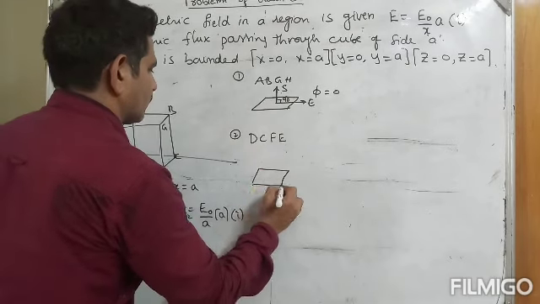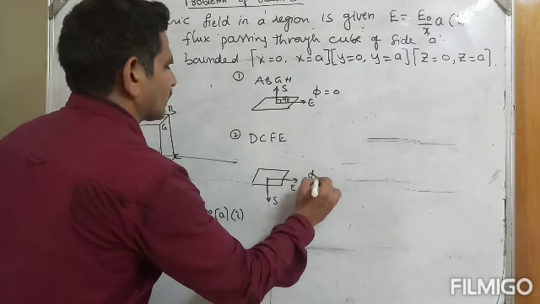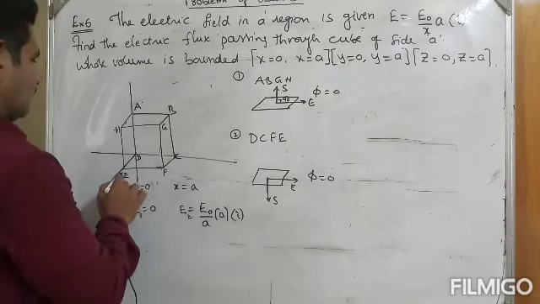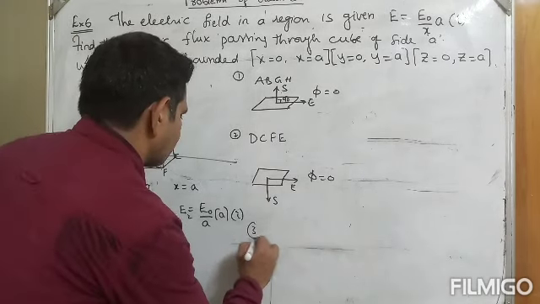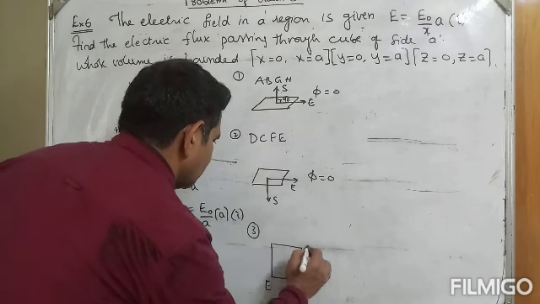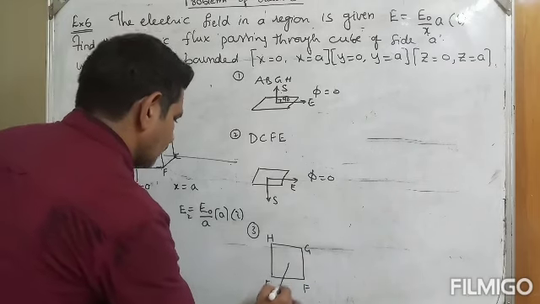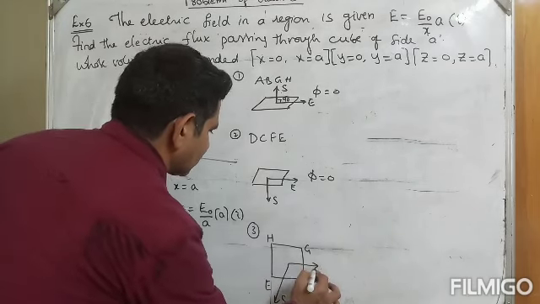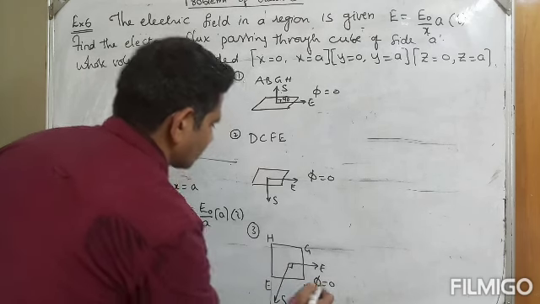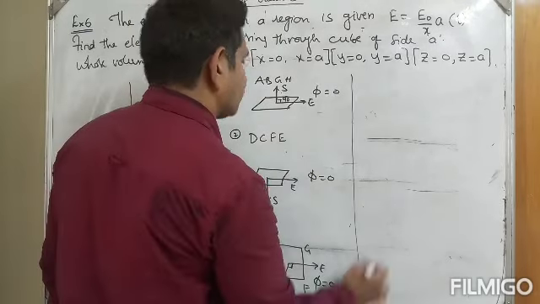This direction. This area vector is in this direction, electric field in this direction, flux is 0. Next, 2 planes you can take. EFGH. Area vector in this direction, electric field in this direction, 90 degrees. Therefore flux is 0.